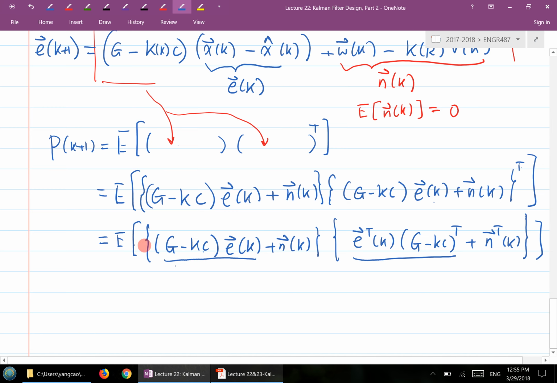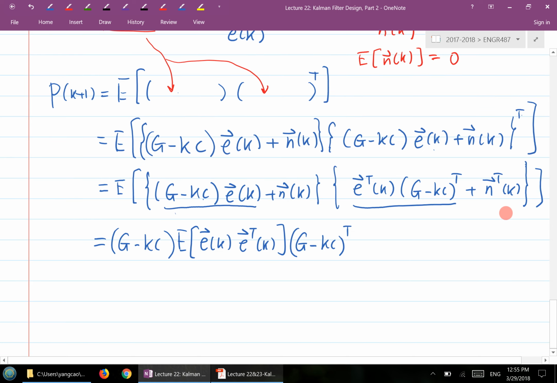So the expected value of this term multiplied by this term is essentially equal to (G minus KC) times the expected value of E E transpose, times (G minus KC) transpose. We can do the same thing for the rest of the expansion here.